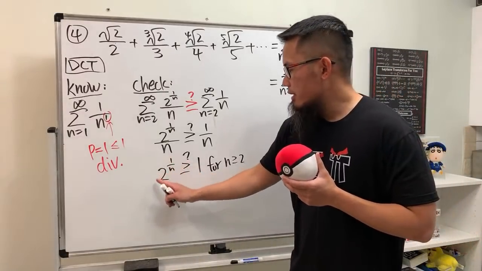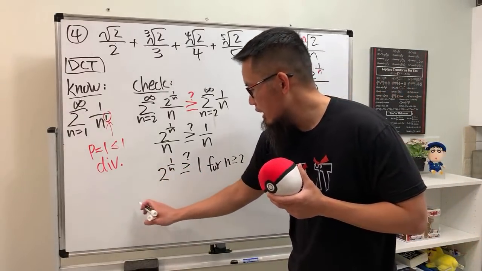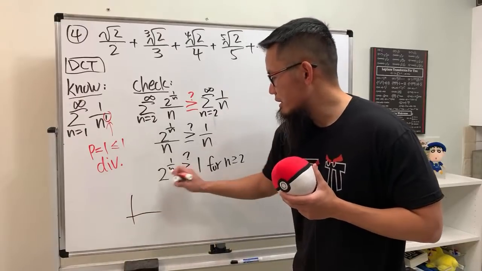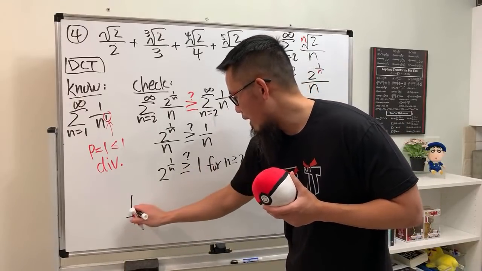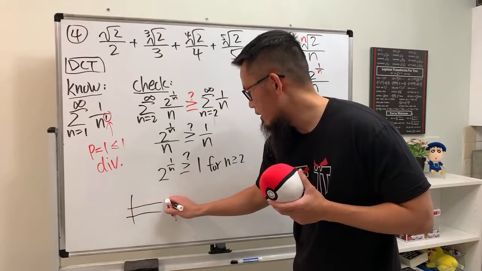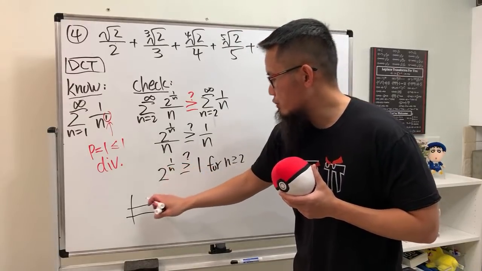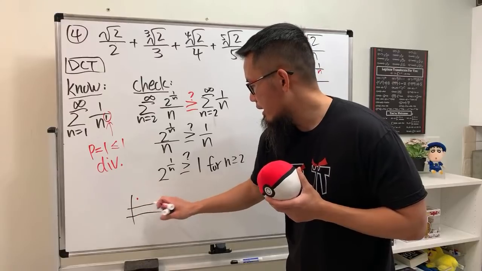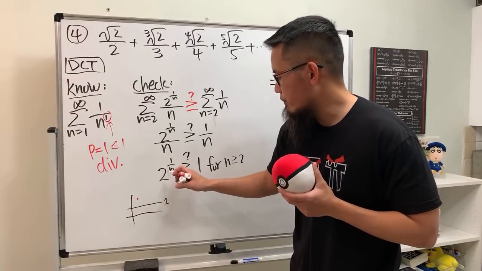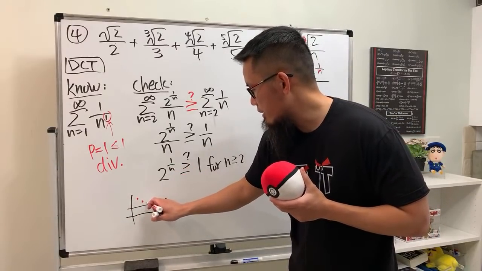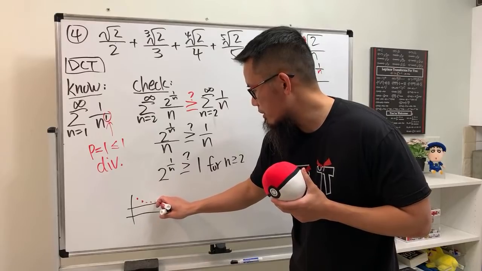So here is the deal. If you look at the graph for that, you will see this is 1, right? This right here is 1. And you will see when n is equal to 1, you pretty much just get 2. And then when n is equal to 2, you get the square root of 2, and then you actually get this kind of picture.